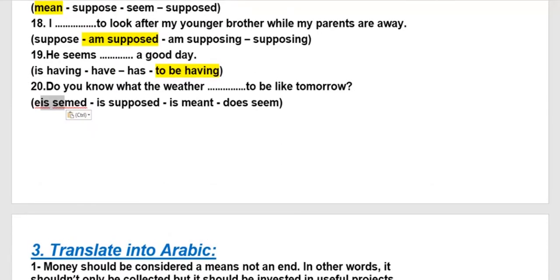Money should be considered a means, not an end. You see, a means here means wasila, not an end or a goal.